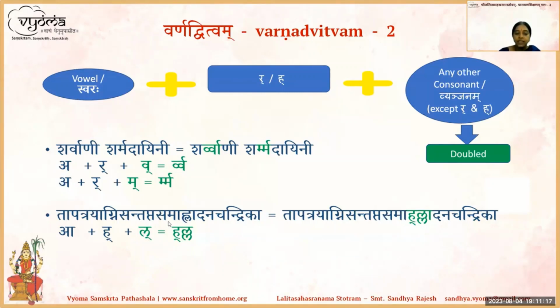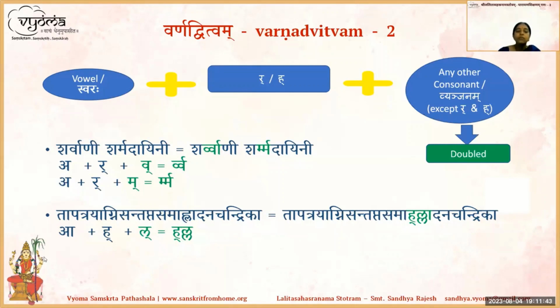If you look at this first part of the script where I'm pointing, you have A plus Ha plus La. So in this case also, Ha doesn't get doubled. The consonant which comes after Ha, that is La, is getting doubled. So this will become samahladana chandrika.